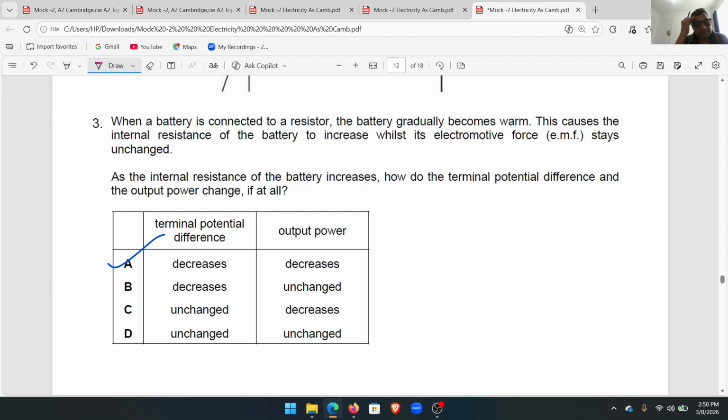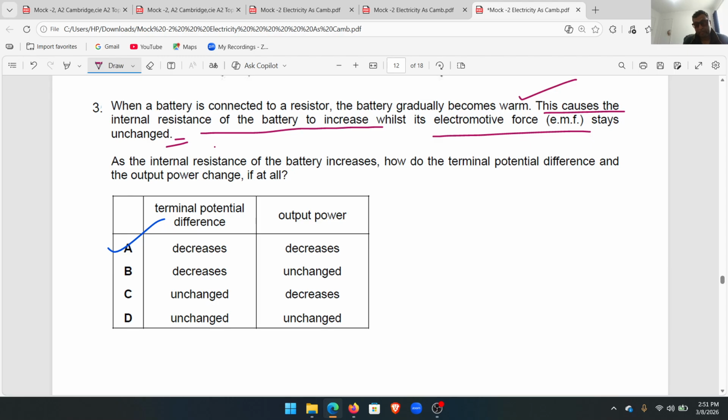Now, as the internal resistance of the battery increases, how do the terminal potential difference and the output power change? When a battery is connected to a resistor, the battery gradually becomes warm. It causes the internal resistance of the battery to stay unchanged. Look at this formula for terminal PD. Do you know what terminal PD is? The EMF has a resistance inside, the material of the cell, that is called internal resistance, right?